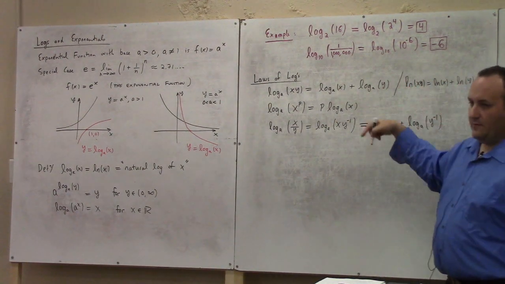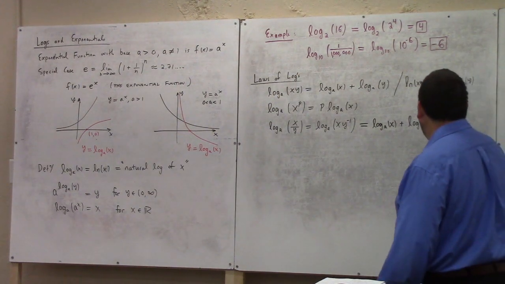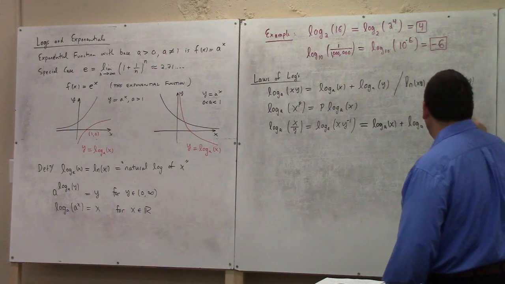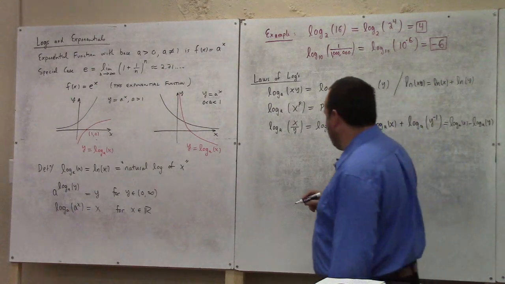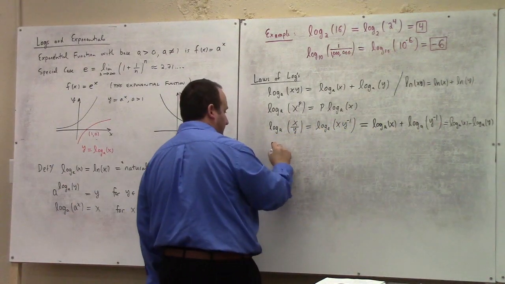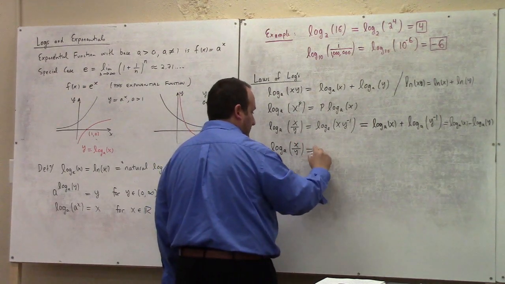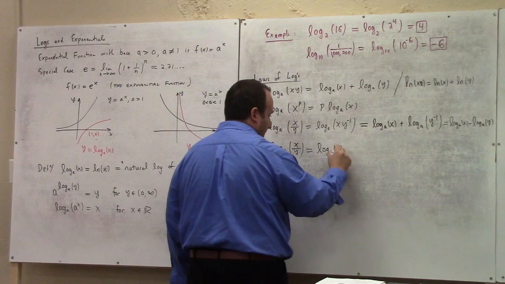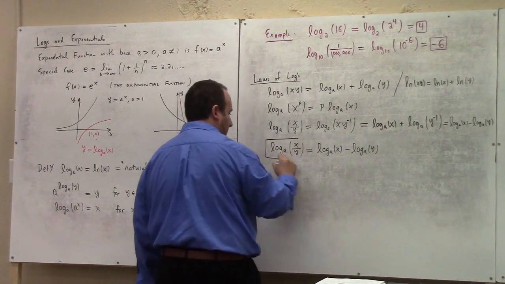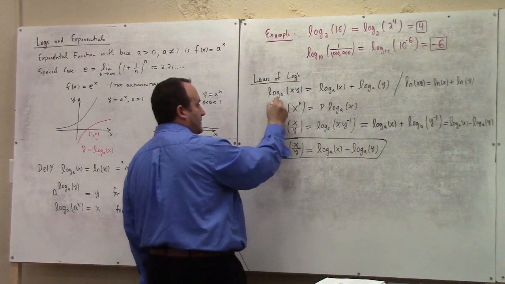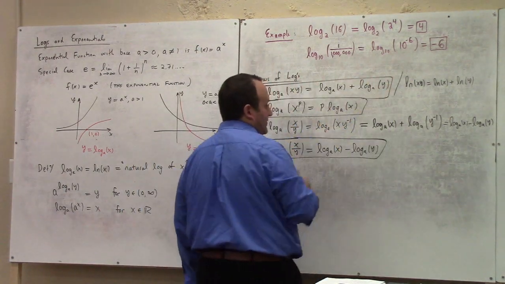But then we can use the power property to pull minus 1 out, right? So this becomes log base a of x minus log base a of y. So let me just record that for future reference. Log base a of x over y is equal to log base a of x minus log base a of y. So these three properties are critical to working with logarithms.